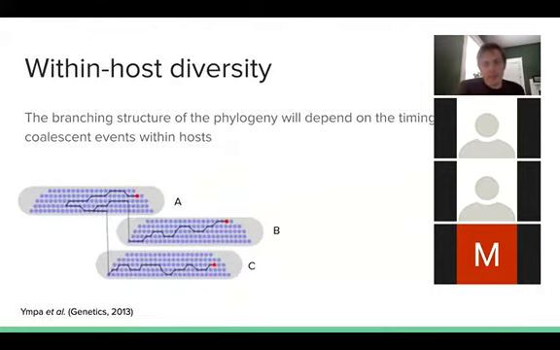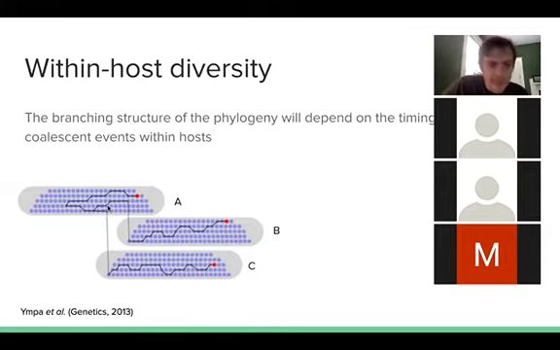Later, as we moved on in the course, we realized that this wasn't strictly true. In lecture 5 or 6, we started thinking about these transmission trees a little more carefully, and we recognized that there's also within-host genetic diversity that has the potential to tremendously complicate things. The exact relationships among individuals in the phylogenetic tree will depend on the exact order in which coalescent events occur within particular hosts.